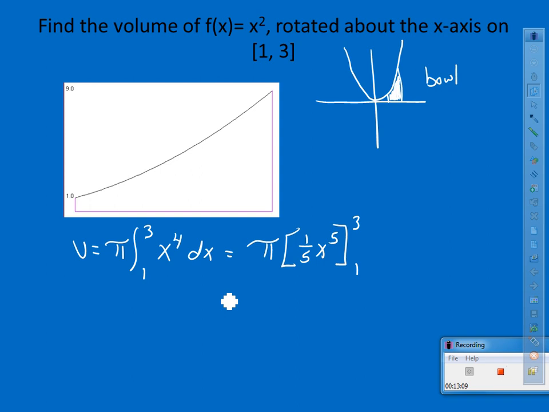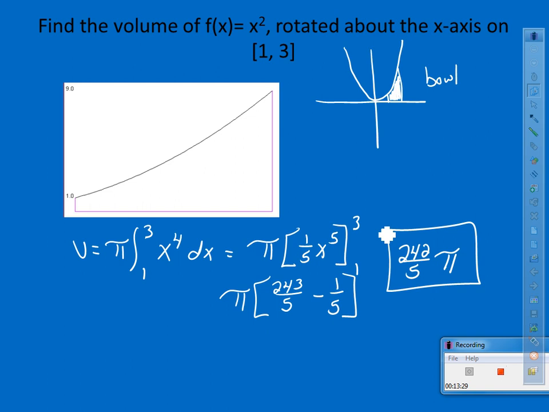So it looks like this now becomes pi times 3 to the 5th, which is 243. So I got 243/5 minus, let me run 1 through there, 1/5. So the volume that this figure would make is 242/5 pi.